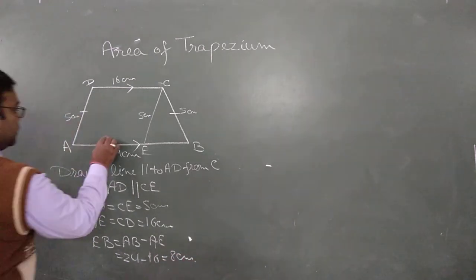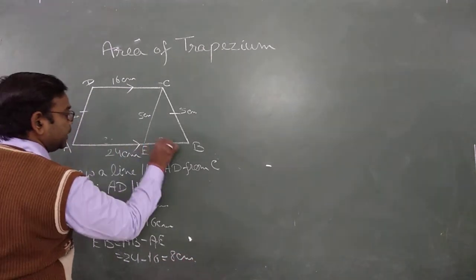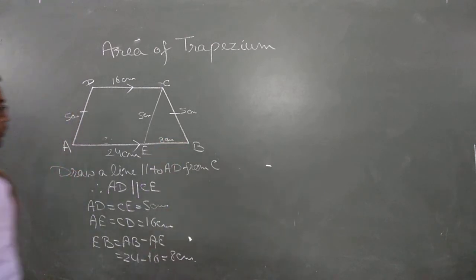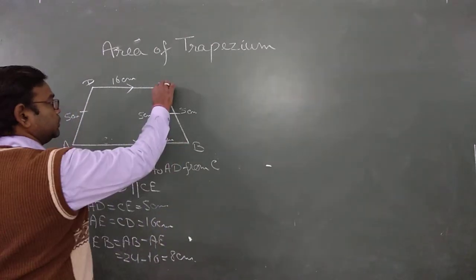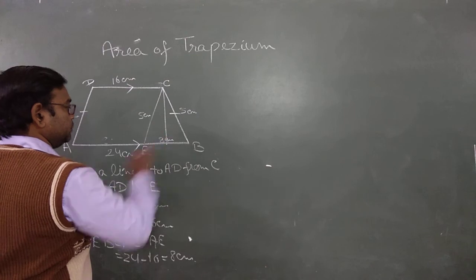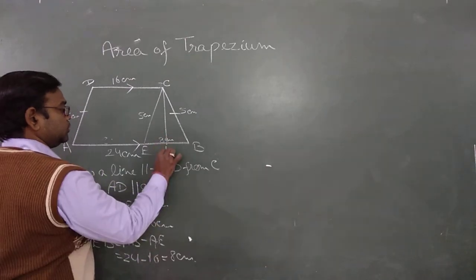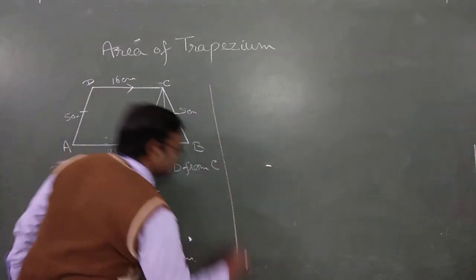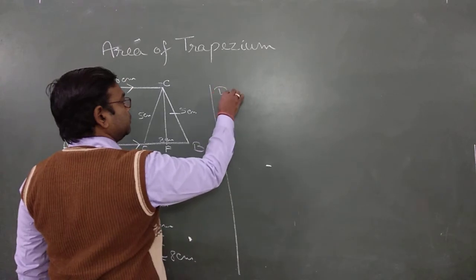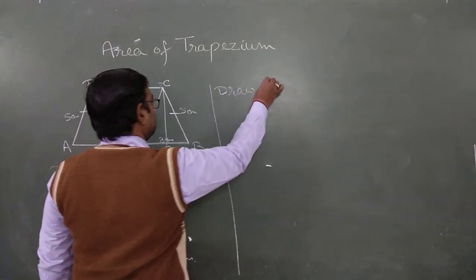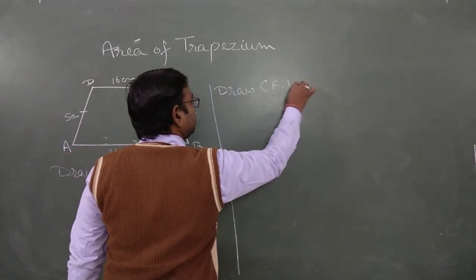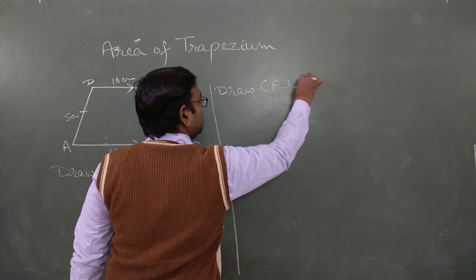So now we have this part 8 centimeter. Now if we draw a perpendicular from C towards the base EB, that is your CF. So we can write down, draw CF perpendicular to EB.